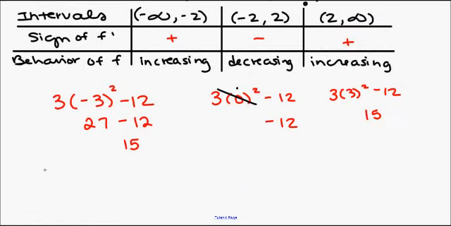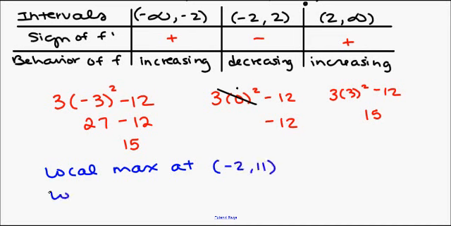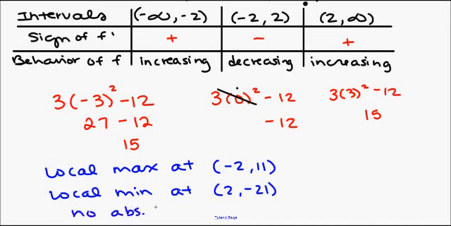So this means I have a local max at negative 2 comma 11, a local min at 2 comma negative 21. I said no absolute extrema.